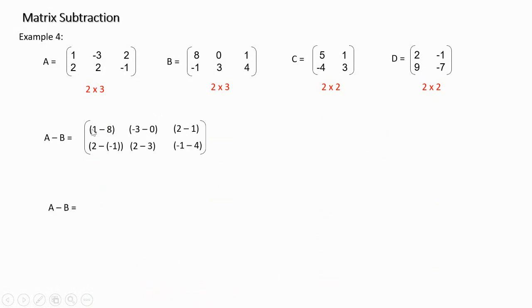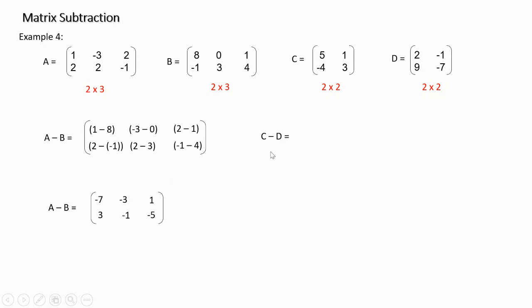So here are my solutions. 1 minus 8 will give us negative 7. Negative 3 minus 0 will give us negative 3. 2 minus 1 will be 1. 2 minus negative 1 will give us a positive 3. 2 minus 3 will give us negative 1. And negative 1 minus 4 will be negative 5. So that's my solution for A minus B.